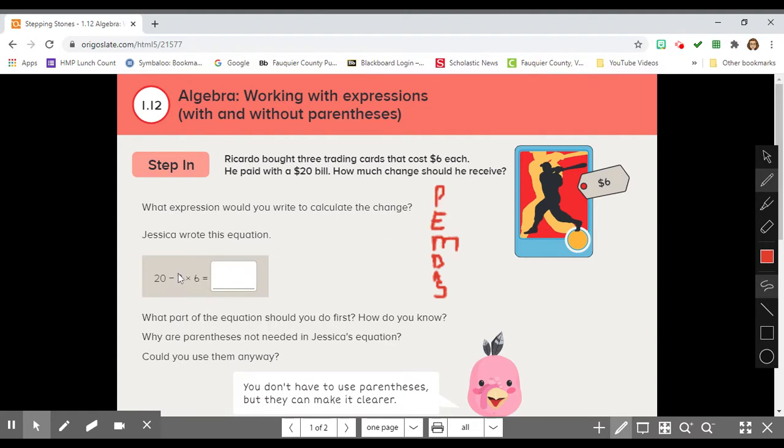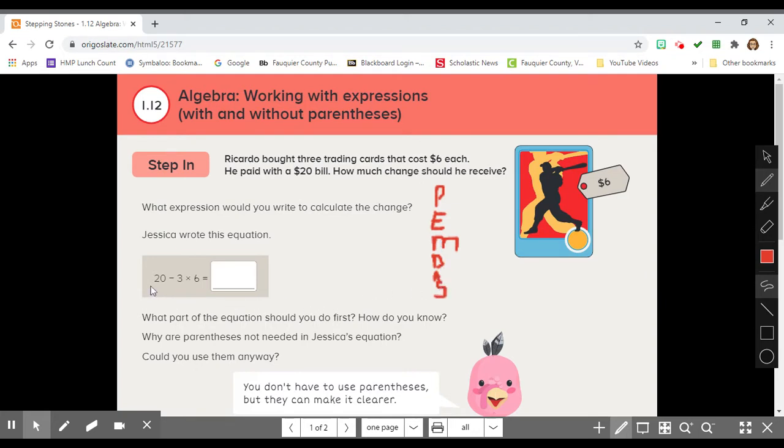So it's asking us which one would we do first. So step number 1, we know because of PEMDAS, we don't have any parentheses, we don't have any exponents, but we do have multiplication and division. So multiplication and division come first, and once we've figured out all the multiplication and division, then we do addition and subtraction next.